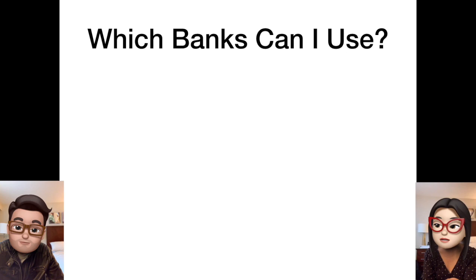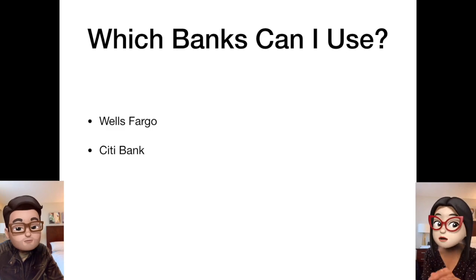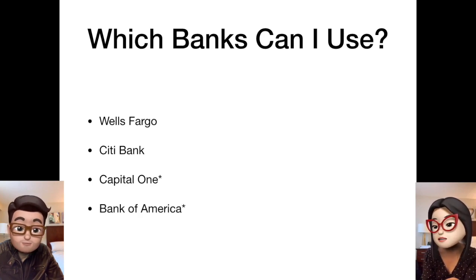And the happy question, which banks can we use? We already mentioned 2, which is Wells Fargo, we have an account there, and Citibank, we have an account there. And then others we've heard, we have not confirmed, we don't know. And again, this is as of June 2019. It's still working: Capital One, and the other one is Bank of America.